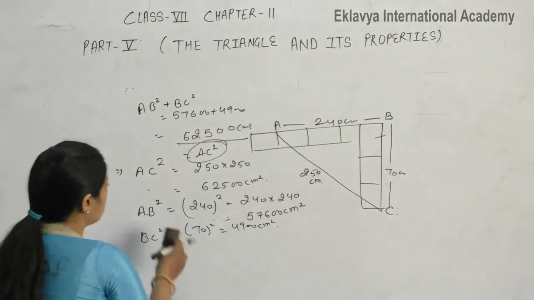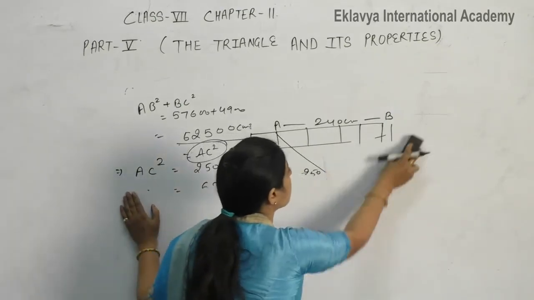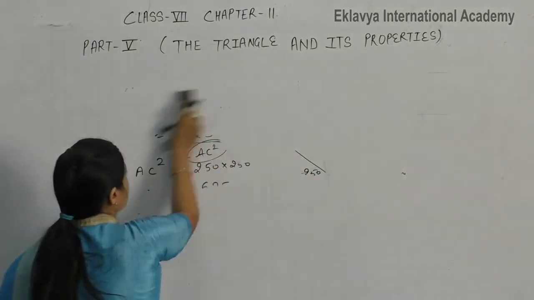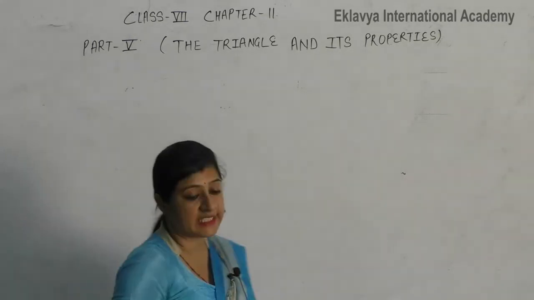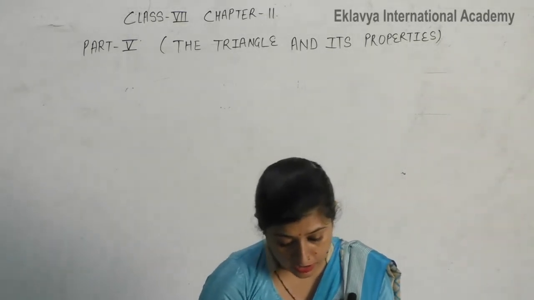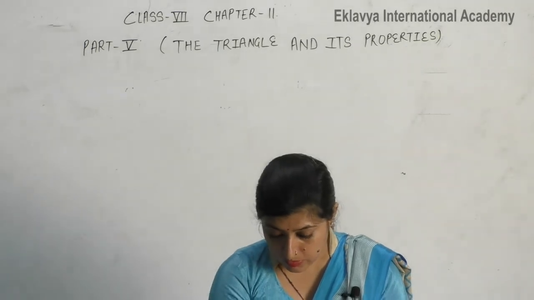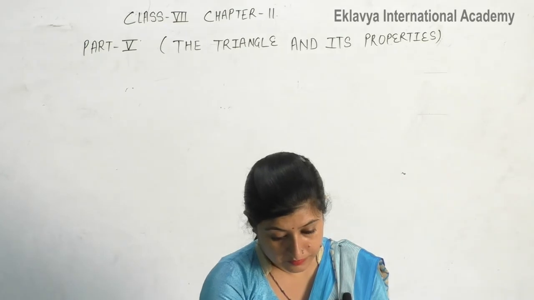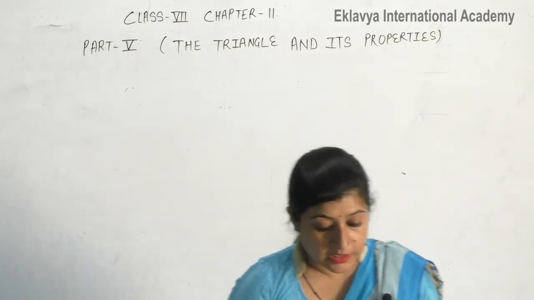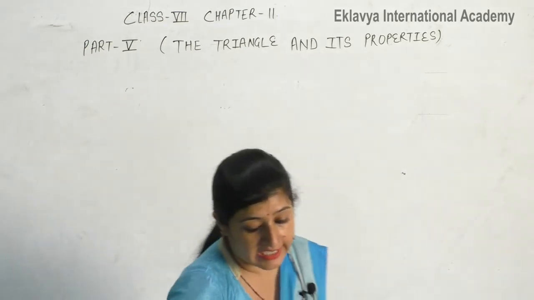Okay student, one last question we will discuss now, then after that you can do your 11C and D exercise in your notebook. Your garden is in the shape of a rectangle.